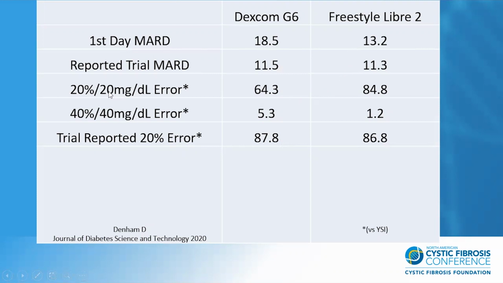The 20% error zone is not a particularly bad area to be in, but the Dexcom G6 in this head-to-head study had lower results than in their reported pivotal trial data. And these sort of head-to-head studies can be done in particular circumstances and worth looking at.